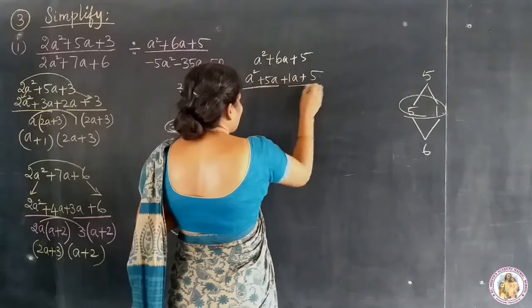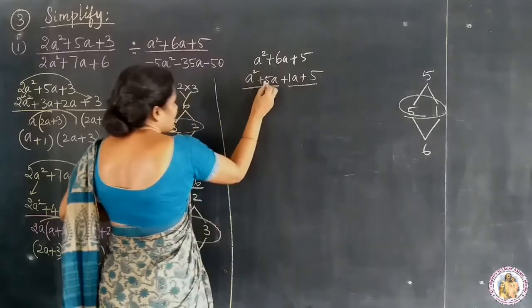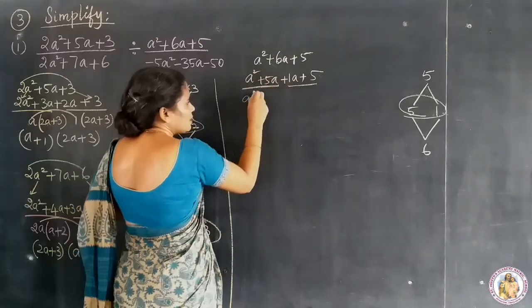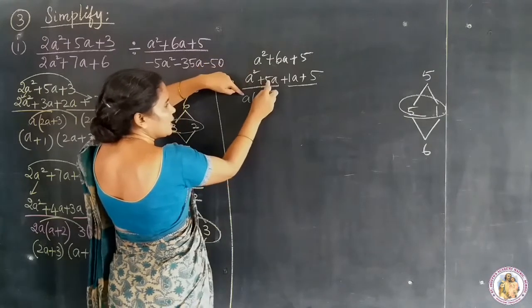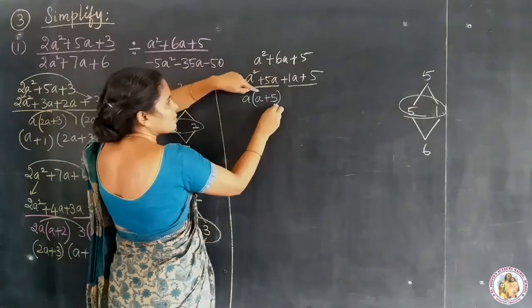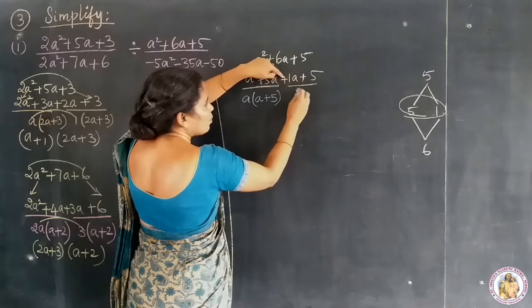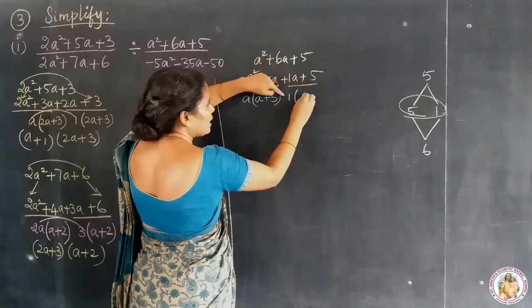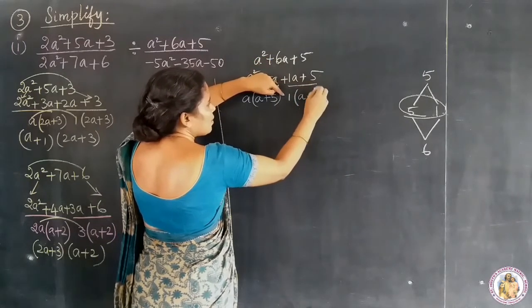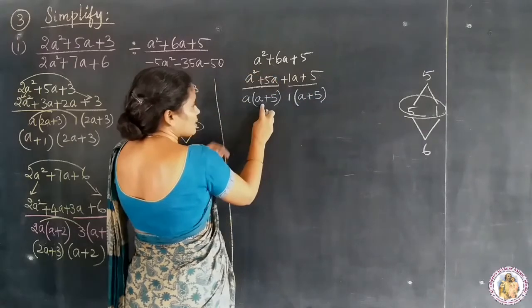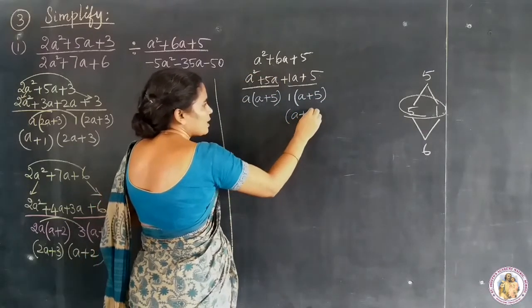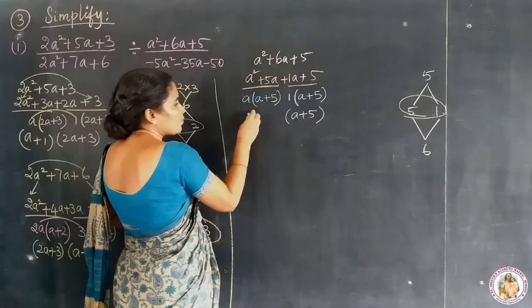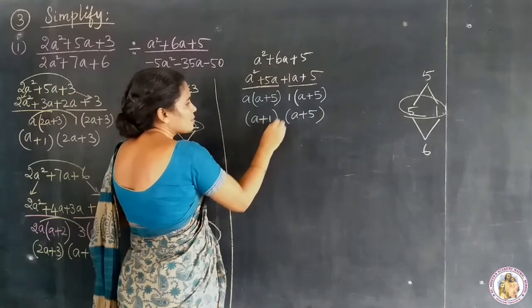Split the first and the last two terms. Here we have a as common: a into a square plus a into 5, 5a. And here we have only 1 as common, so 1 into a plus 1 5s are 5. You can see both a plus 5 is common. Taking a plus 5 as one factor, a plus 1 as another factor.